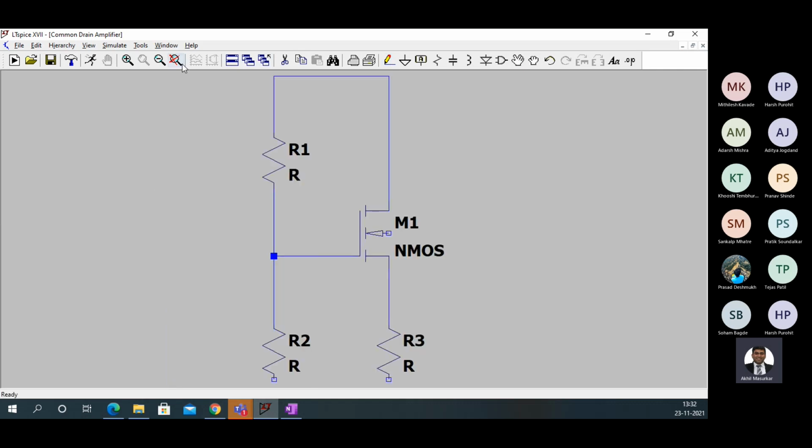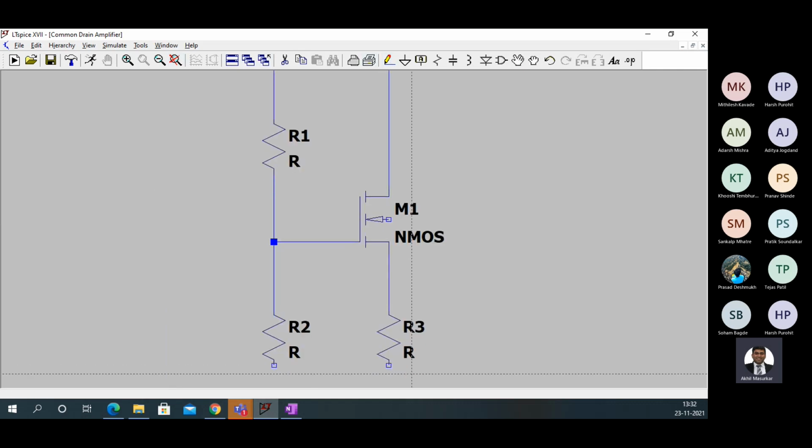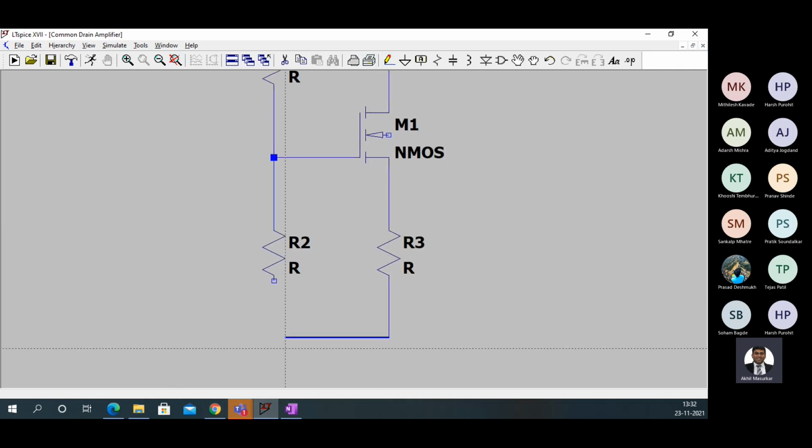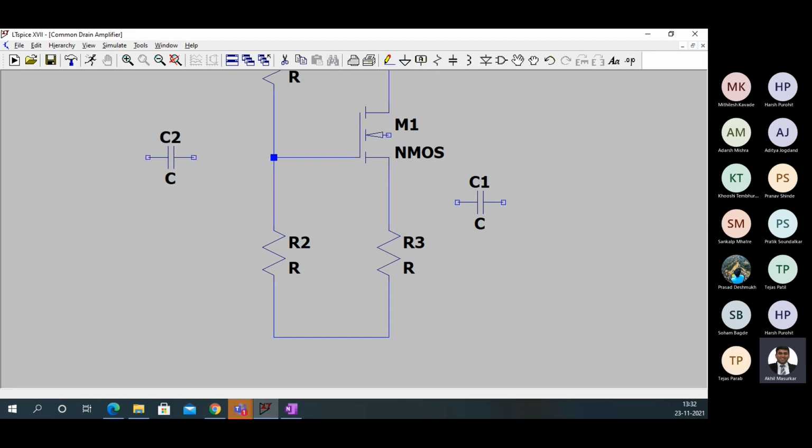And this is your capacitance, and a similar capacitance you have here. Let's join it.